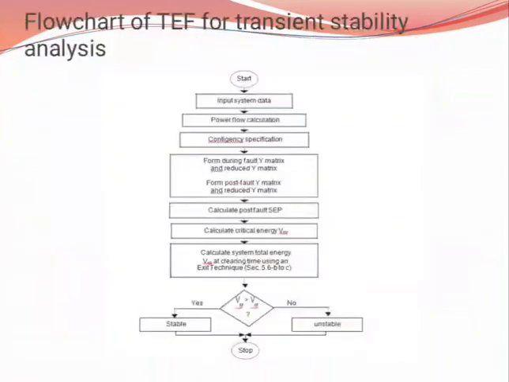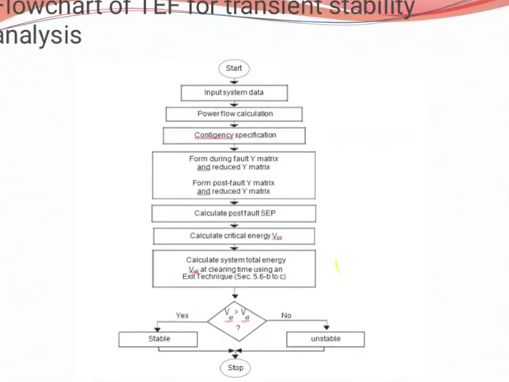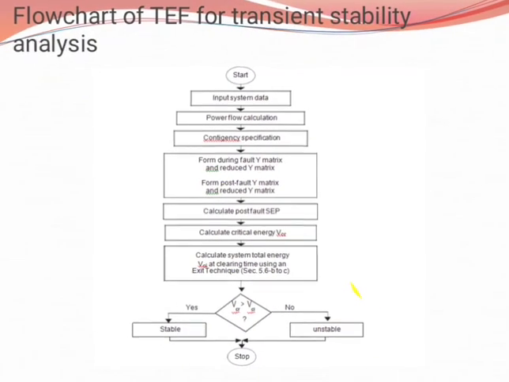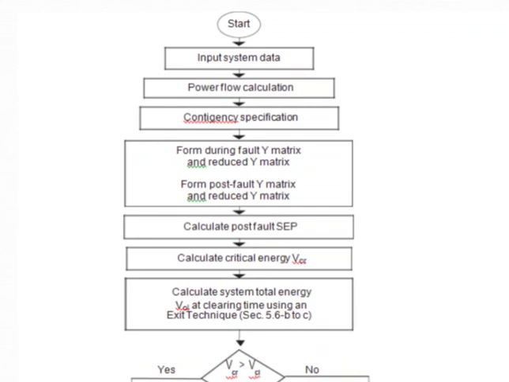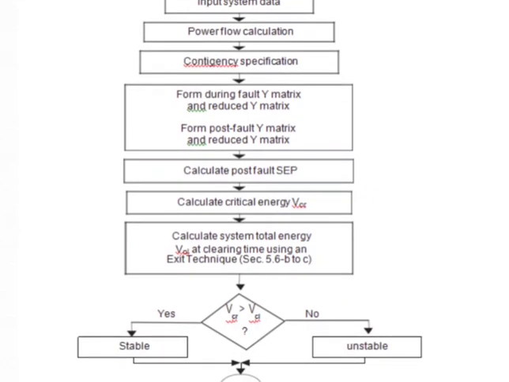Let us study the flowchart of the TEF method that we use for transient stability analysis. Again the same here: we take the input data, then do the power flow calculations. After that we do the contingency specifications. Then we form the fault Y matrix and reduced Y matrix. We also define the post-fault Y matrix.